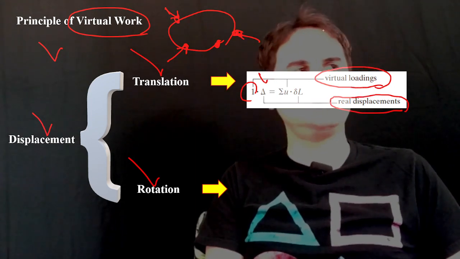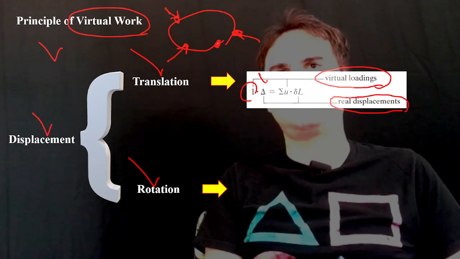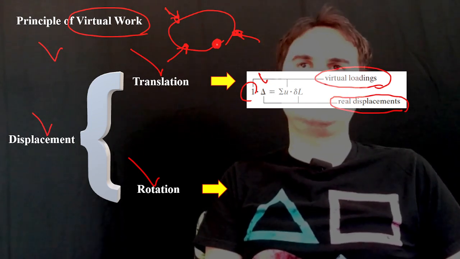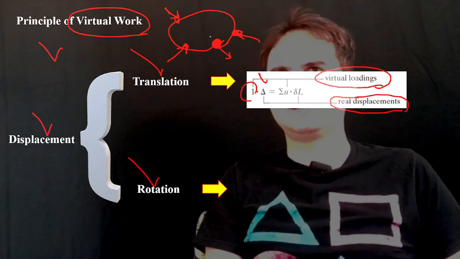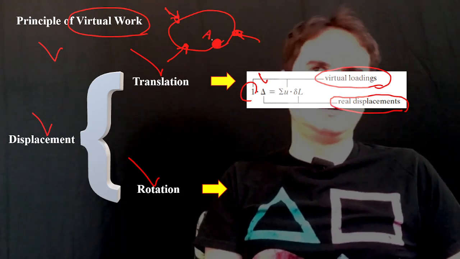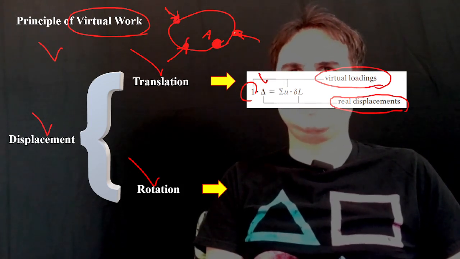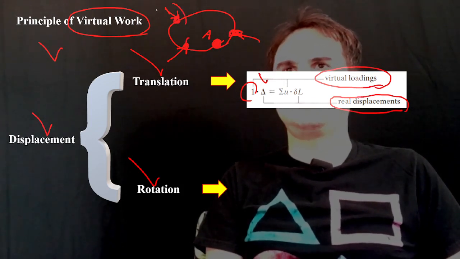do that with the real work method, which is work and energy. But if I want to calculate the deflection here, the displacement at point A, for example, because there is no real force here, I cannot do that, because with work and energy I can only calculate the displacement where I have load.